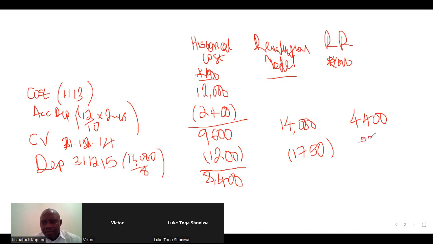That gives us a reserve of 3,850. And the carrying amount of the revaluation is 12,250.